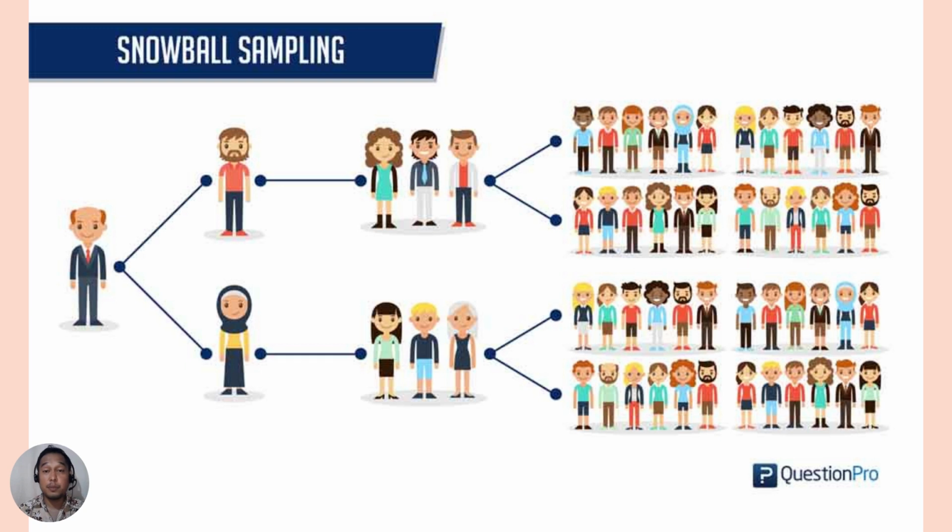The second type of non-probability sampling procedure is the snowball sampling. So you have there the bald one is the researcher. Then this particular researcher knows only two respondents who can give him or her the relevant information or data. So these two respondents may have known someone or groups of people who can also provide relevant information.